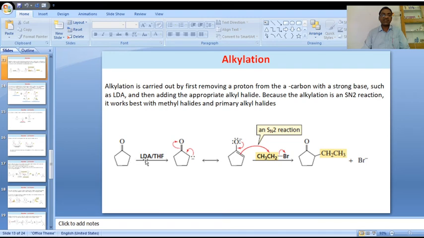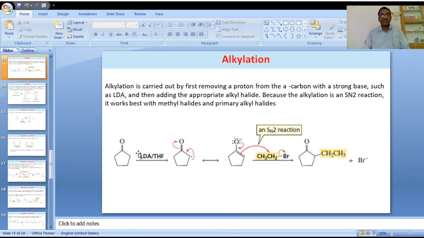Here the strong base we are using is LDA. This cyclopentanone is treated first with LDA in the presence of tetrahydrofuran.